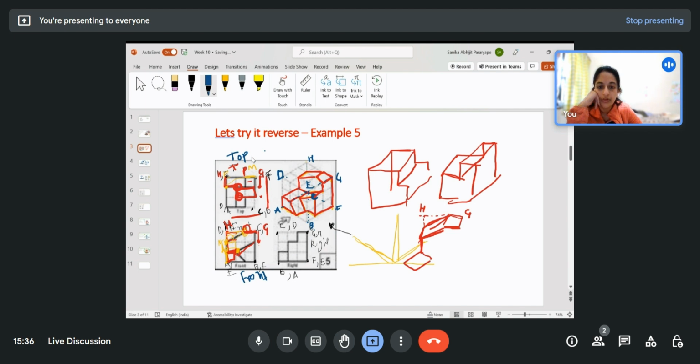We are viewing from this plane now. So let us try to draw the right hand side view here.